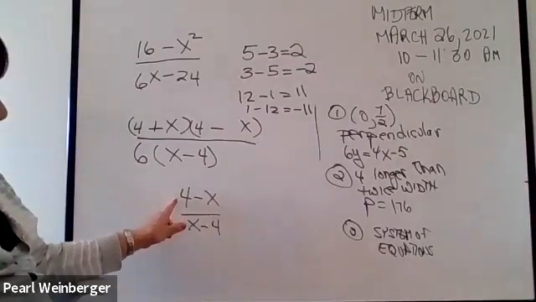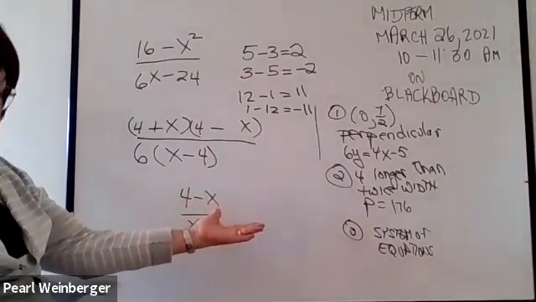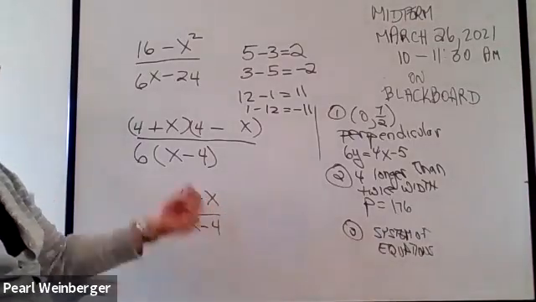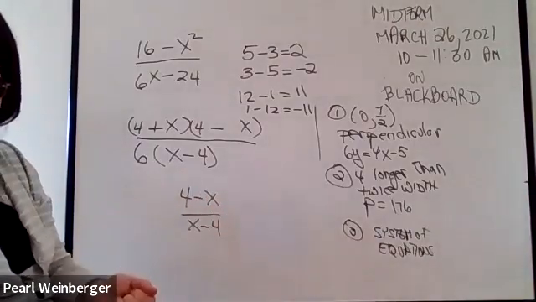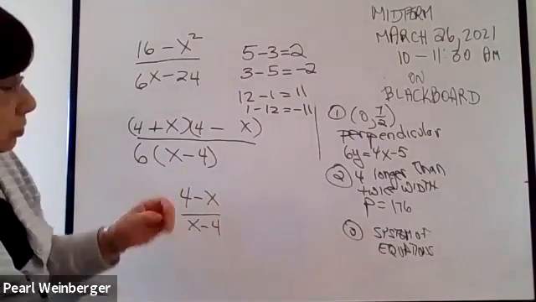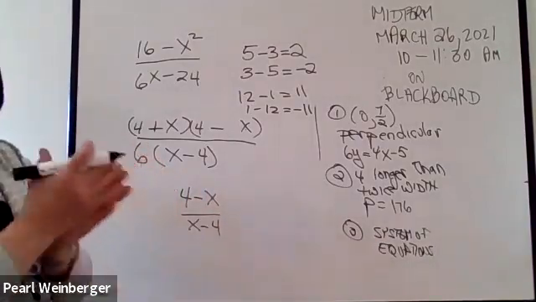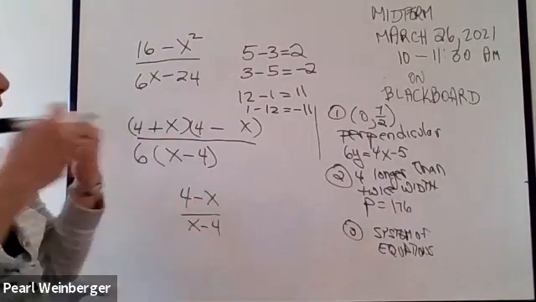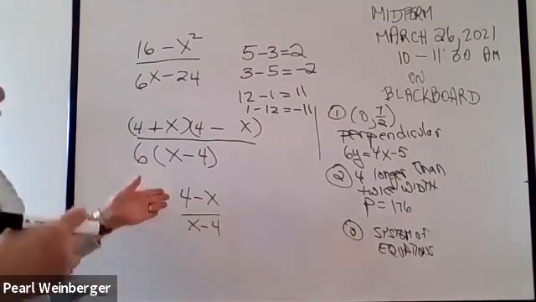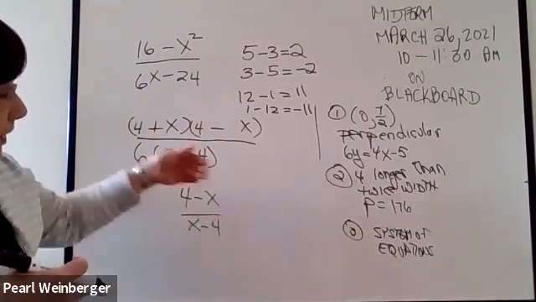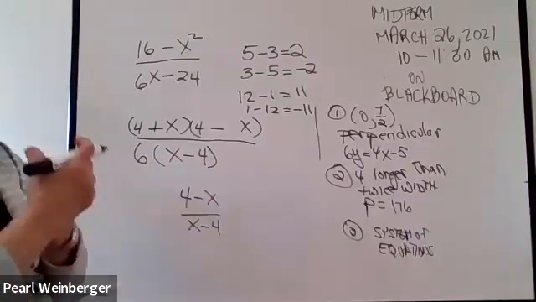Well, that's exactly what we have here. We have 4 minus x being one answer, and x minus 4 giving me another answer. And they really are identical, except one of them is a positive number and one is a negative. If x is 1, then the top becomes 3 and the bottom becomes negative 3.